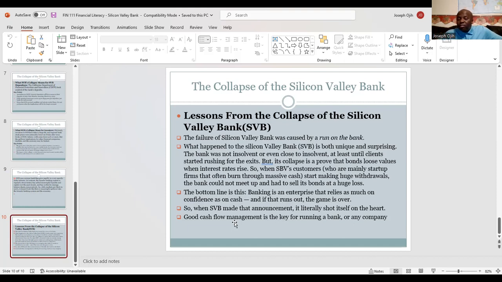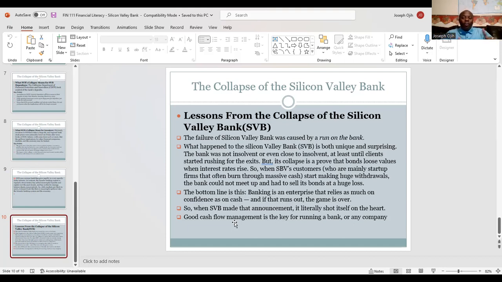So the bottom line is this: banking is an enterprise that relies as much on confidence as on cash. And if those two things run out, confidence and cash, the game is over. This is what happened to Silicon Valley Bank when they made that announcement. Cash and confidence ran out the window. And when they made that announcement, they literally struck themselves in the heart.